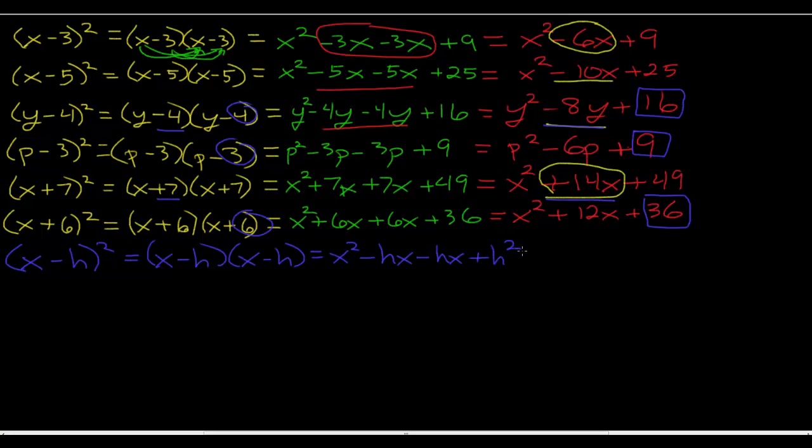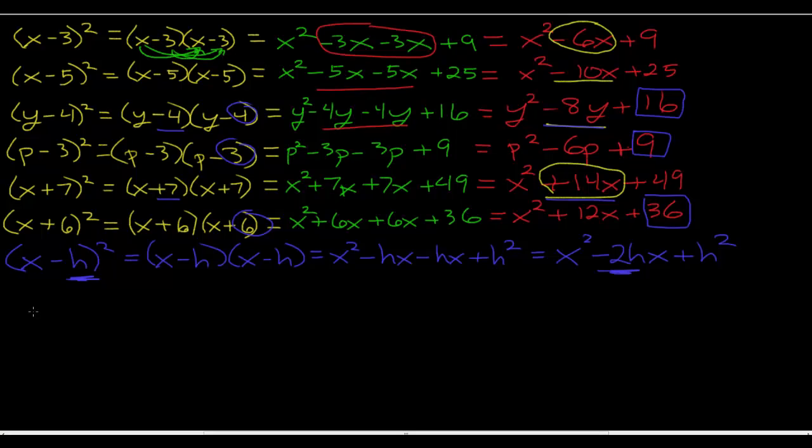We're going to have an h squared, and when we clean it all up at the end, the pattern will hold, and we'll have x squared minus 2hx plus h squared. So you see how we've generalized it. Whatever this number is here, we're going to get 2 of them here. So negative gives us a negative, positive gives us a positive, and whatever this number is, we're going to get a square of it there.